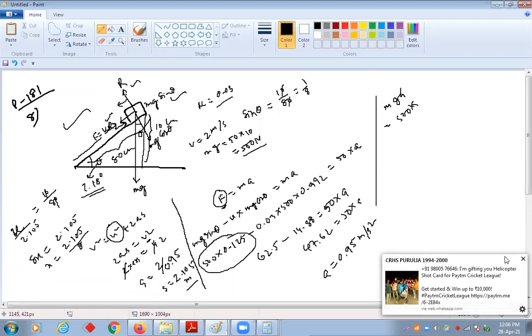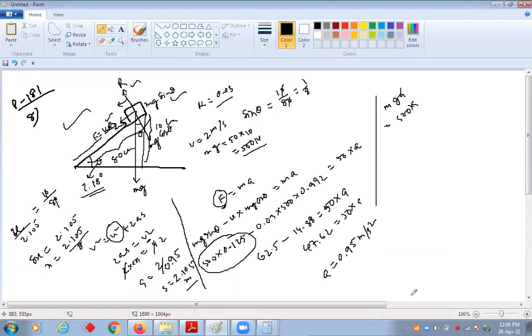So what answer will we get? The height we are measuring in meter, but the answer will come in centimeter. 1 meter means 100 centimeter, so 2 meter means 200 centimeter.